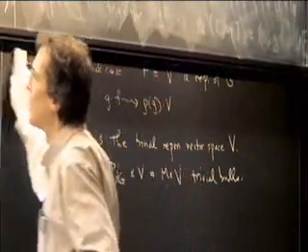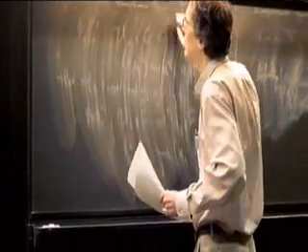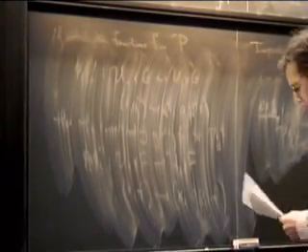Now, the grand tautology of this subject identifies the sections of the associated bundle with the maps from P to F, which are invariant under this G action.